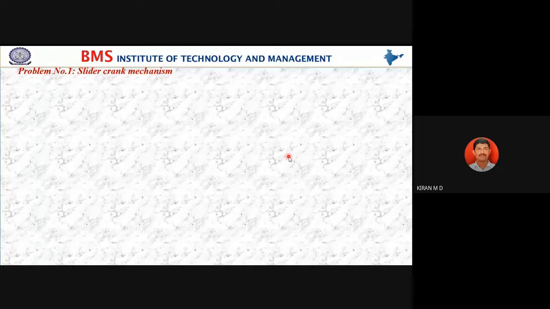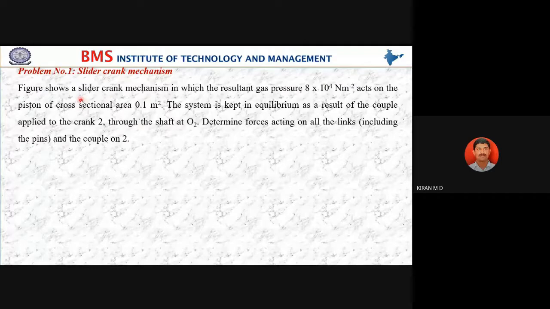Okay, the first problem is: the figure shows a slider crank mechanism in which the resultant gas pressure, 8 into 10 power 4 Newton per meter square, acts on the piston of cross-sectional area 0.1 meter square.